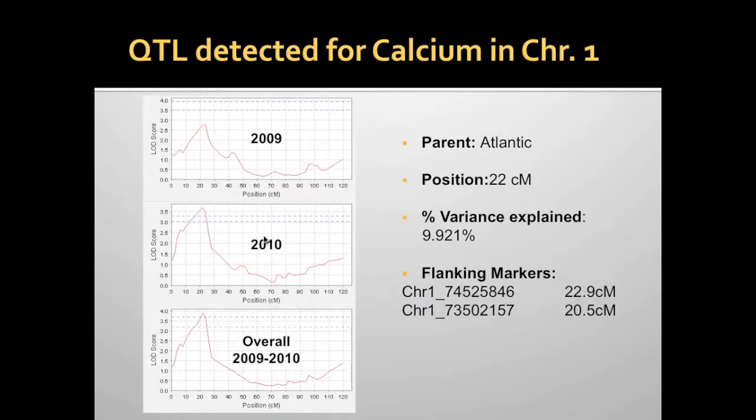And this one comes from Atlantic and is located at the 22 centimorgan position, and the variance explained is 9.9%. And I also found the flanking markers for this QTL. There is one at 22.9 centimorgans, and another one at 20.5 centimorgans.